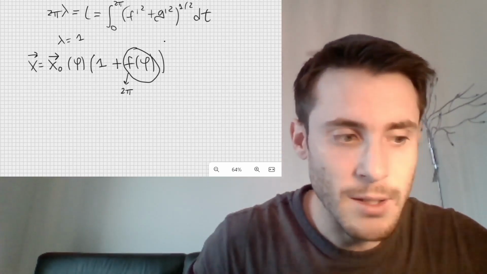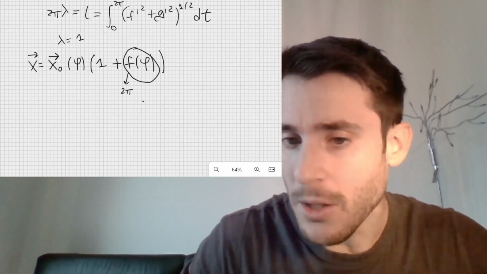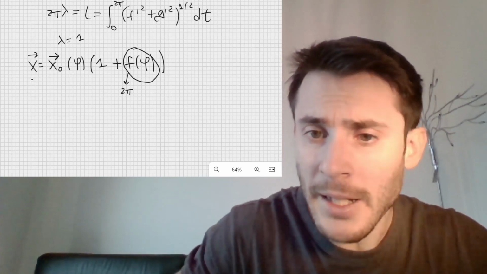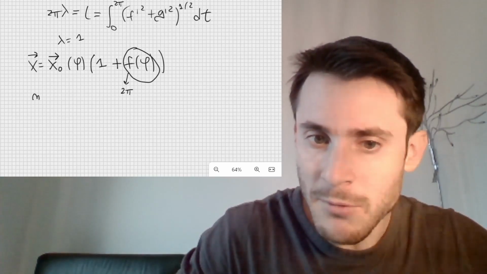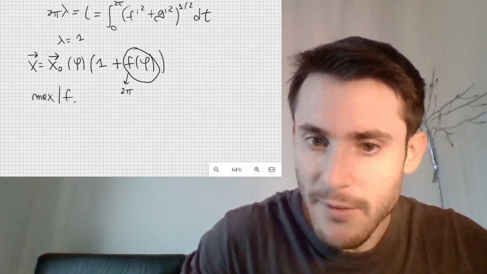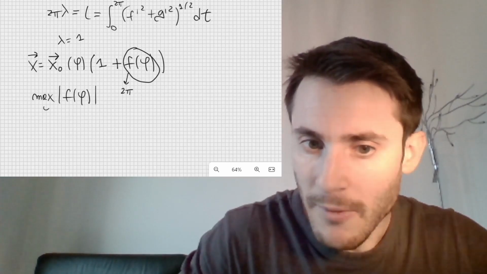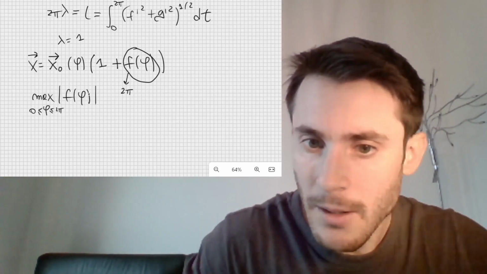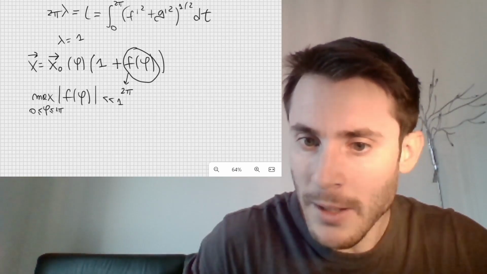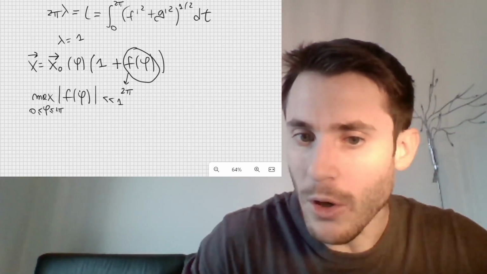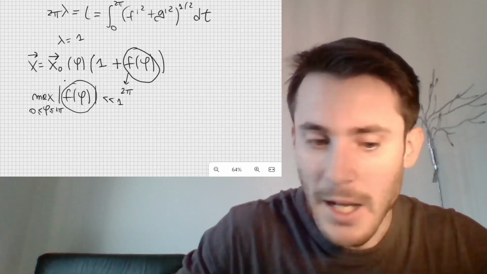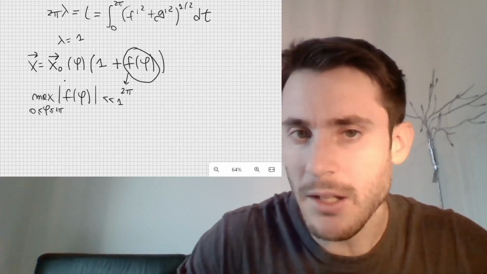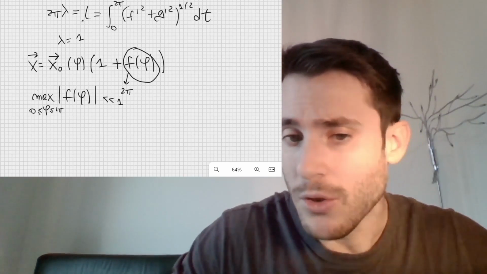So we are going to assume that the function f is periodic with period 2 pi, and we are going to assume that the maximum of the absolute value of f of phi, where phi is of course a value between 0 and 2 pi, would be much smaller than 1, and similarly for the maximum of the derivative of f of phi. That's an assumption. There are some technical reasons why we should do that.